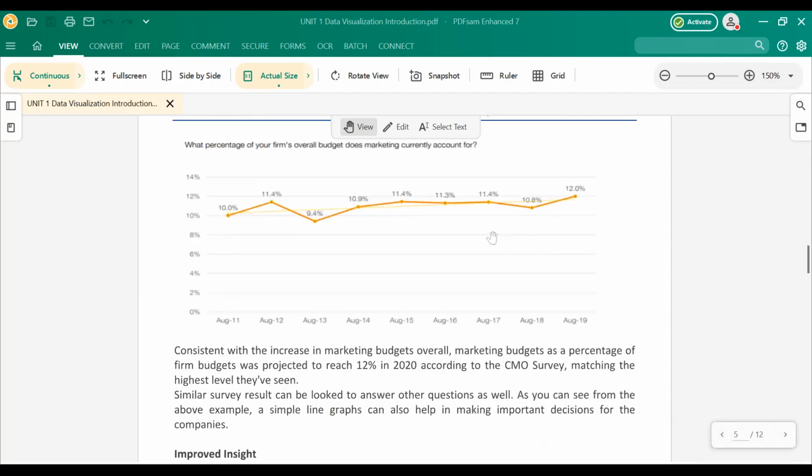That means this company is always spending more than the industry average, right? If the industry average is 5, they spend 9. If the industry average is 10, they spend 12. They're already spending more than the industry average, and that's what they want.